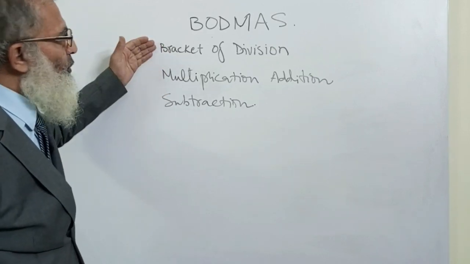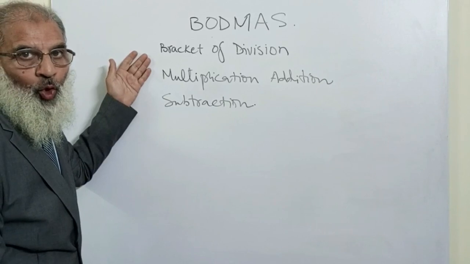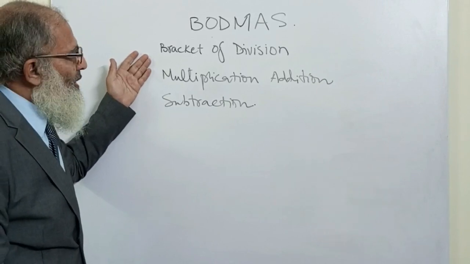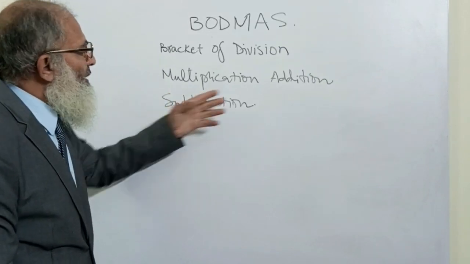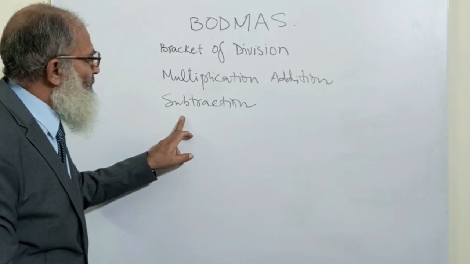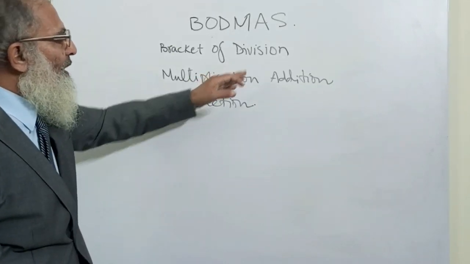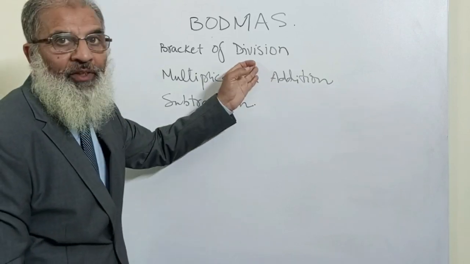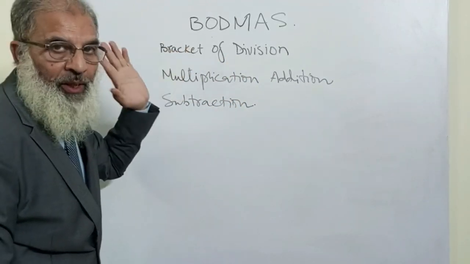Now the merit of doing any question starts from bracket always. You cannot add before multiplication, you cannot subtract before multiplication, or you cannot add before division, or you cannot subtract before opening up the brackets.